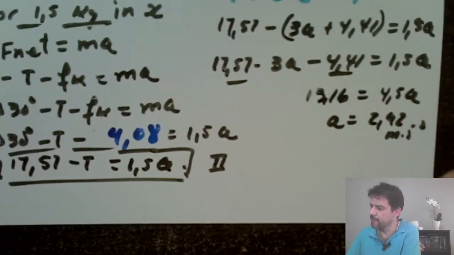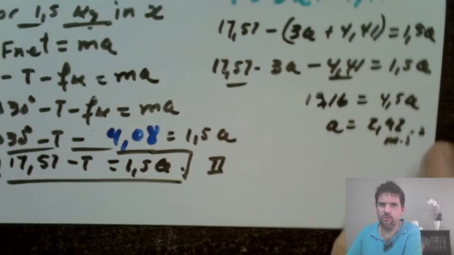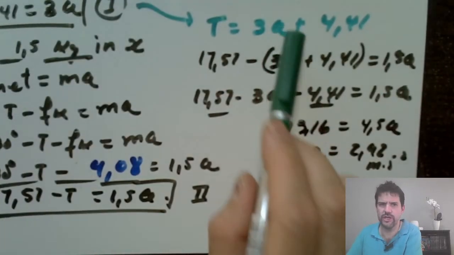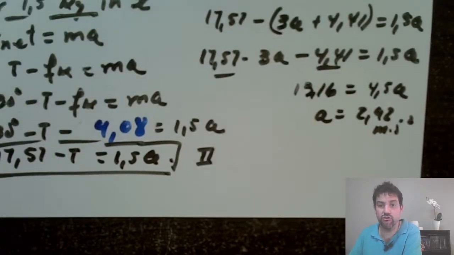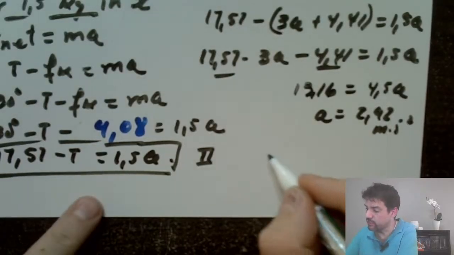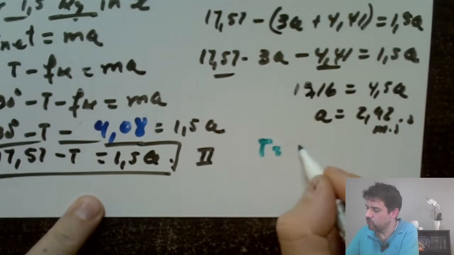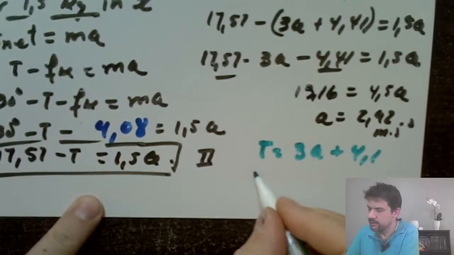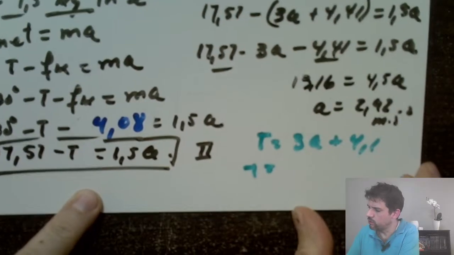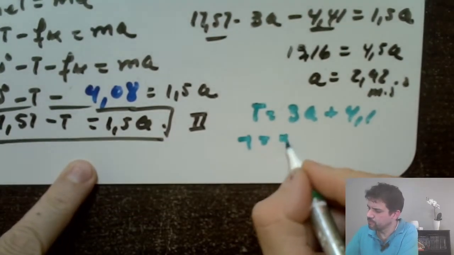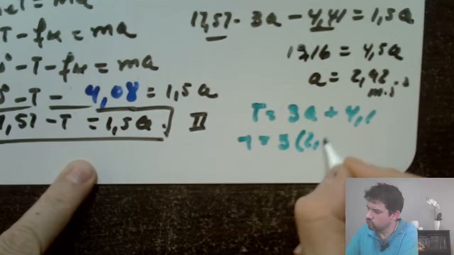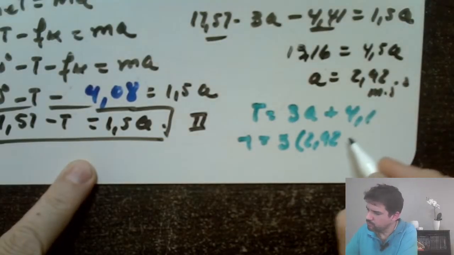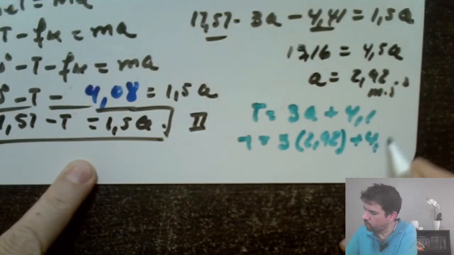And then from here, we substitute A in the formula of tension, which I'm going to show you here. And that is how we calculate the tension, which is actually the question here. So T is equal to 3A plus 4,1. T is equal to 3 multiplied by 2,92 plus 4,1.